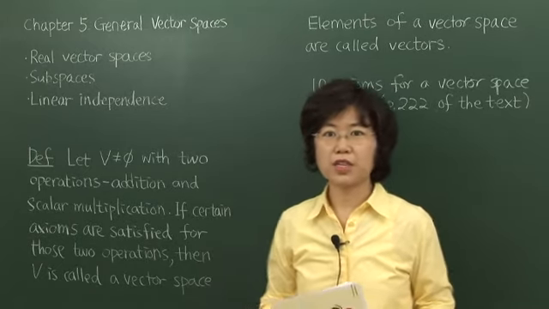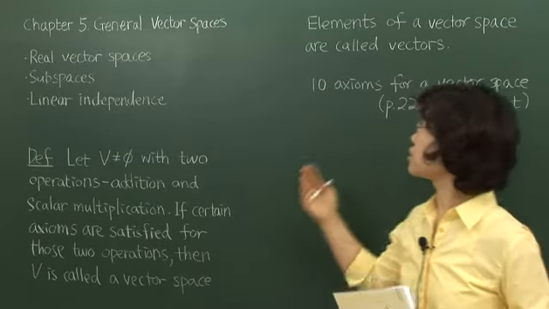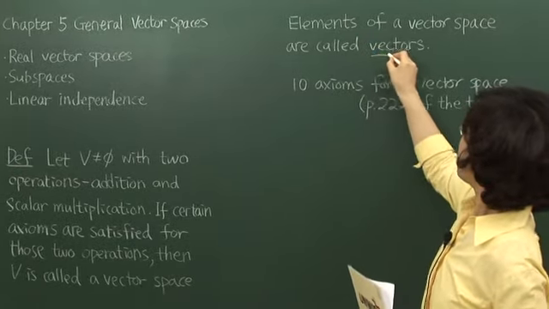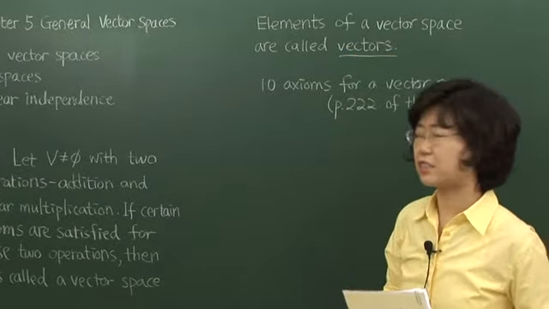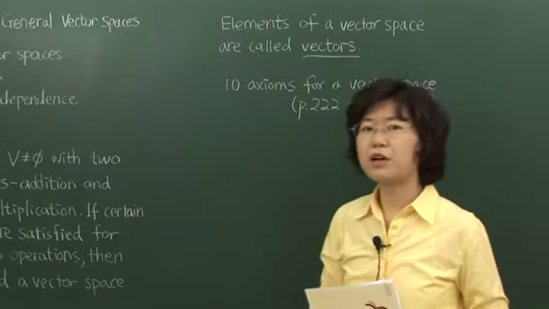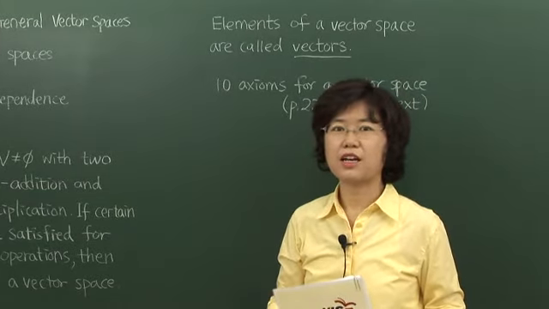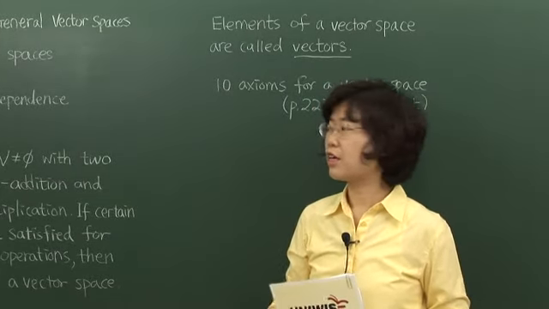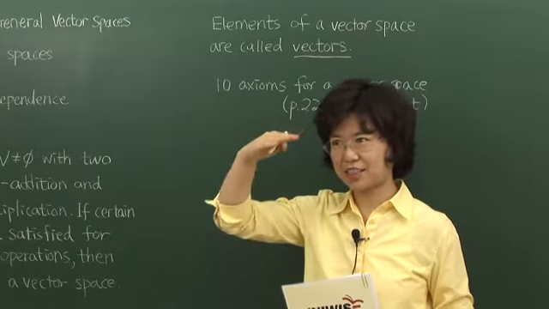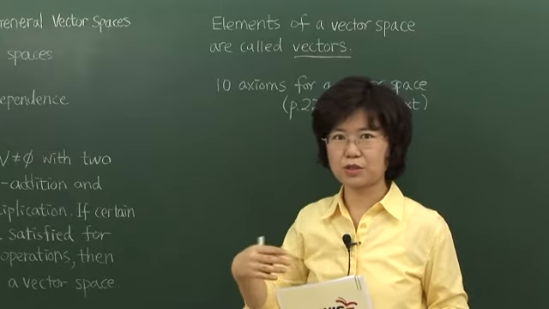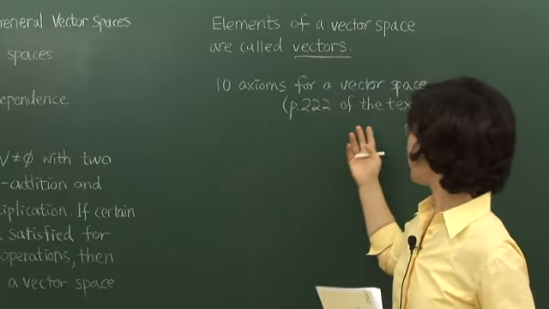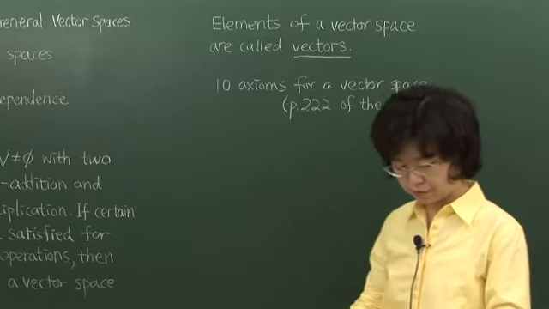And the elements of vector space V will be called vectors. To become a vector space, there are 10 axioms. You can read the list of those 10 axioms in your textbook, page 222.